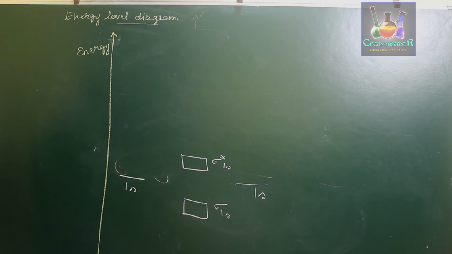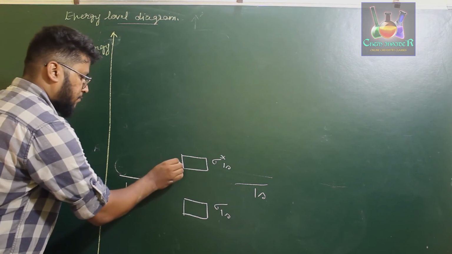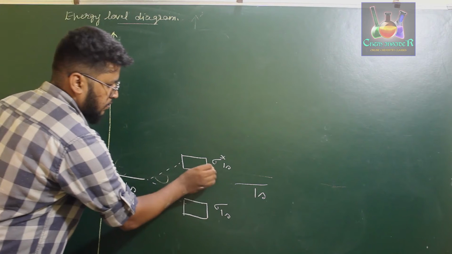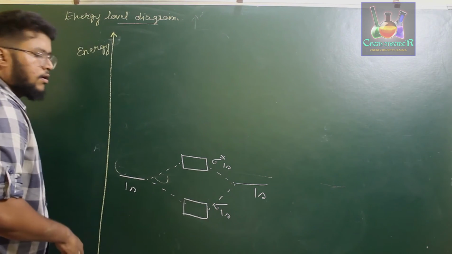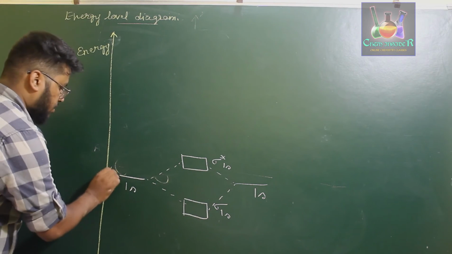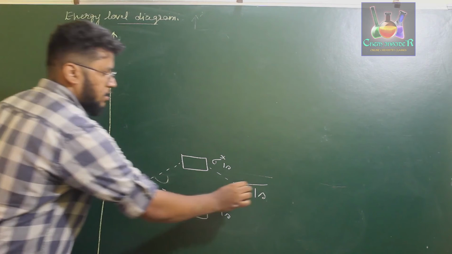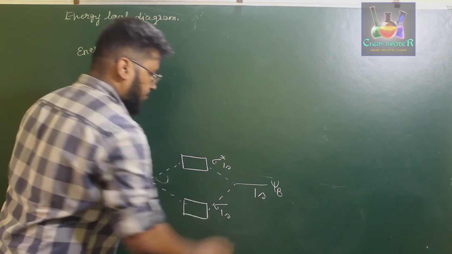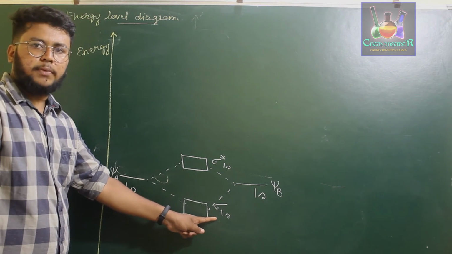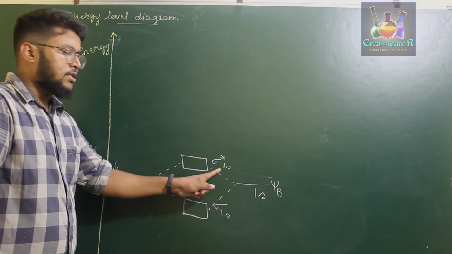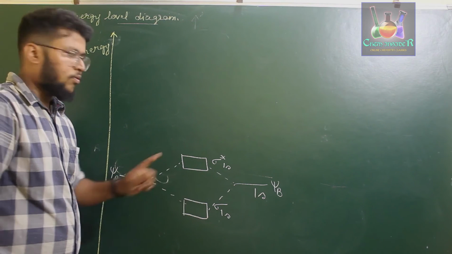One is sigma 1s and the other one is sigma star 1s. Okay, this is the atomic orbital psi A, this is the atomic orbital psi B. So this is sigma 1s, the bonding molecular orbital, and this is the anti-bonding molecular orbital of 1s.